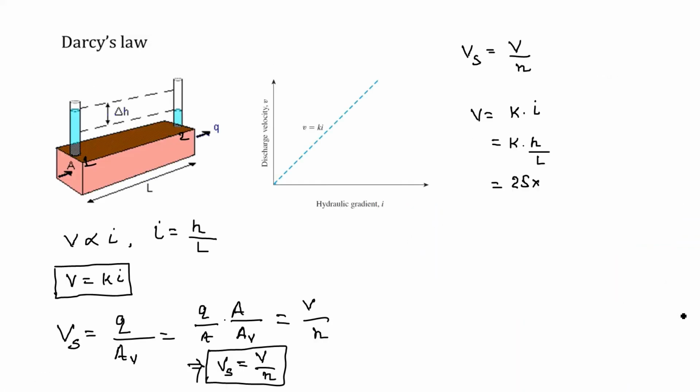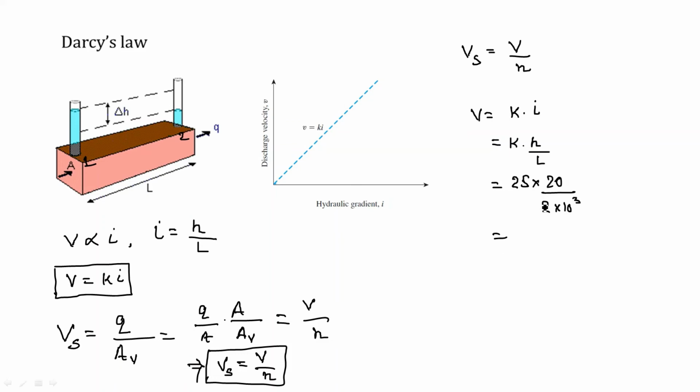So we will use 25 into 20 divided by L. L is the distance between the two reservoirs, which was 2 kilometer, so 2 into 10 to the power 3 meter. Now solve it.